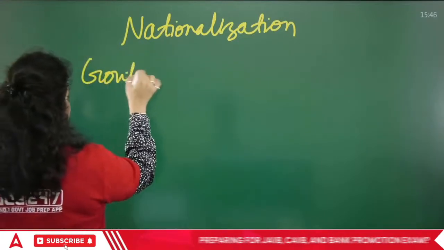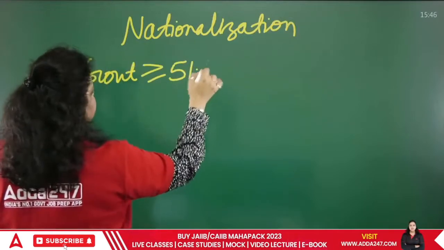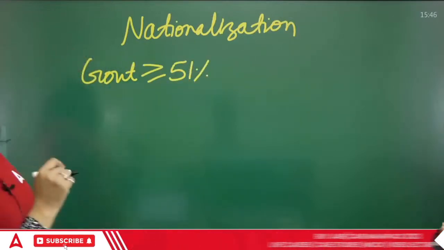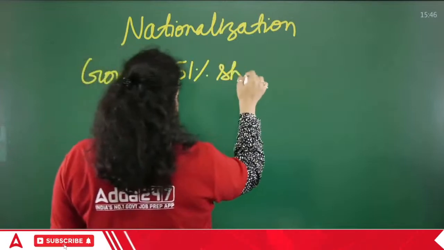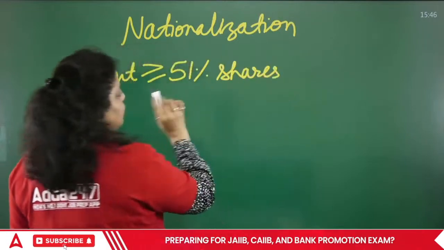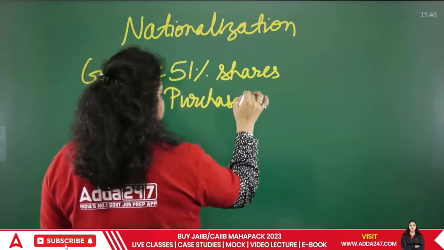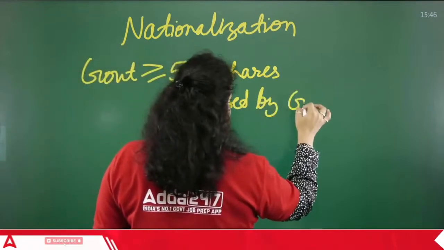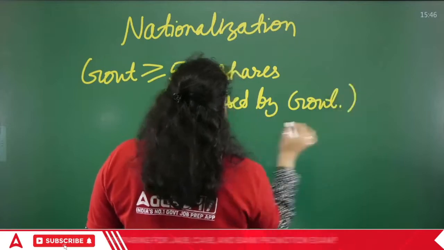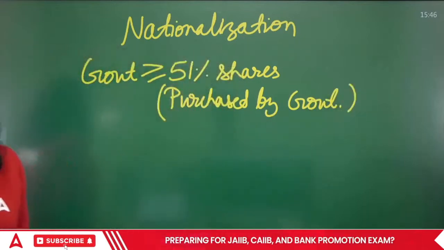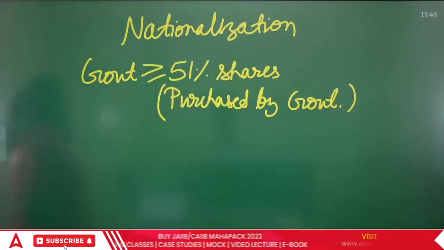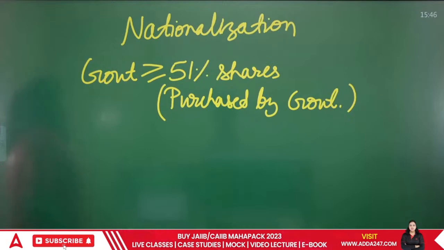So how has it been done? When the government of the country purchases 51% or more than 51% shares from private ownership, this process is known as nationalization. It's not that the government owned these shares because the government established this bank.